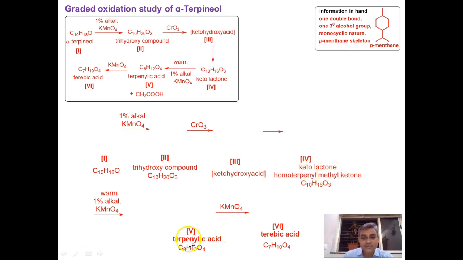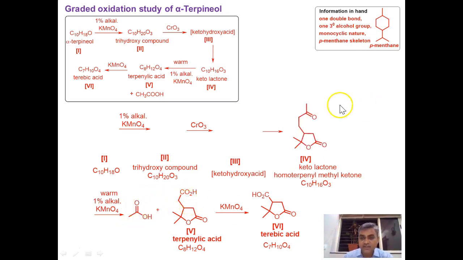Similarly, they assigned the structures of terpineolic acid as well as terpic acid on the basis of synthesis. The structure of terpic acid was found to be this lactone. The structure of terpineolic acid was found to be again a keto acid lactone. And here is the formation of acetic acid, and the formation of acetic acid clearly indicates that this is a methyl ketone.